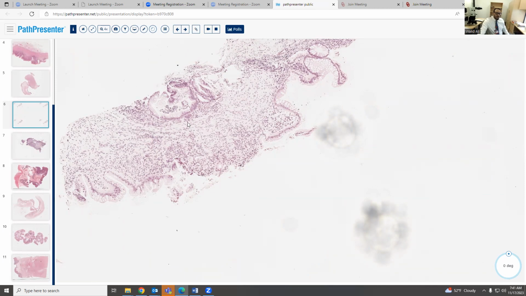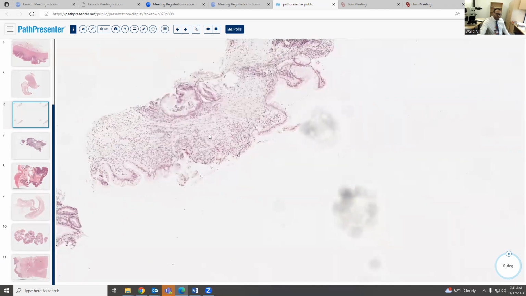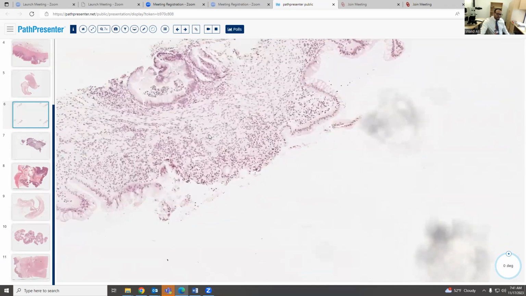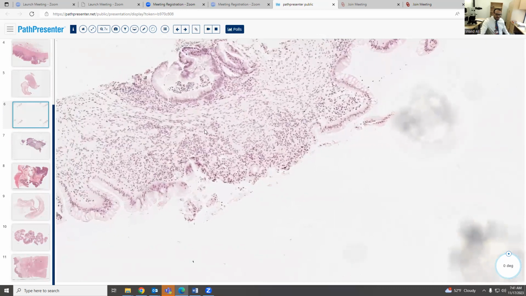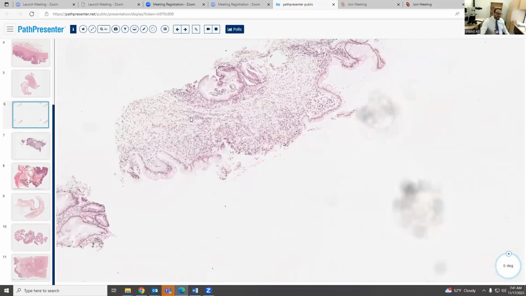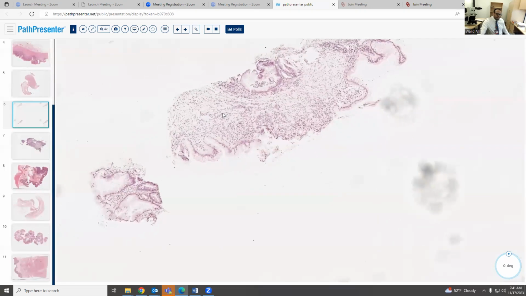It doesn't form a mass, it happens in the lamina propria. However, it has the features of schwannoma, like you're going to see hypercellular Antoni A areas and hypocellular Antoni B areas, and you do S100, and it will be positive.